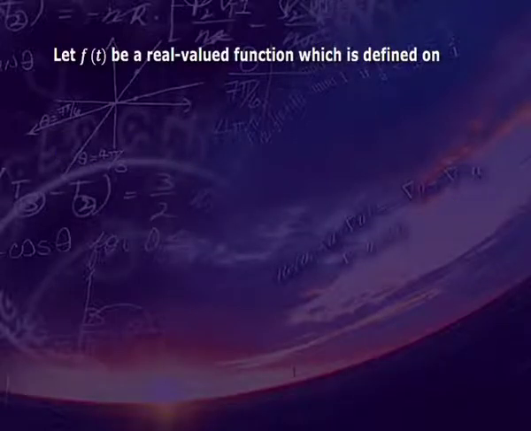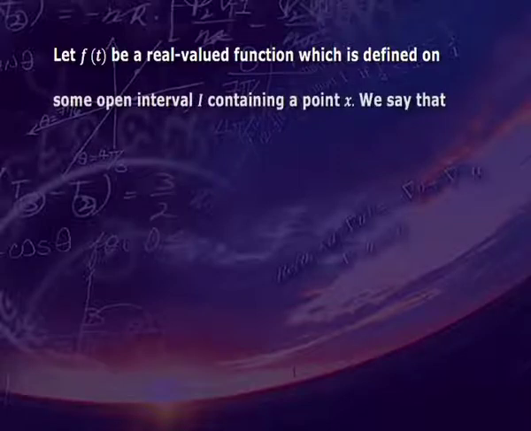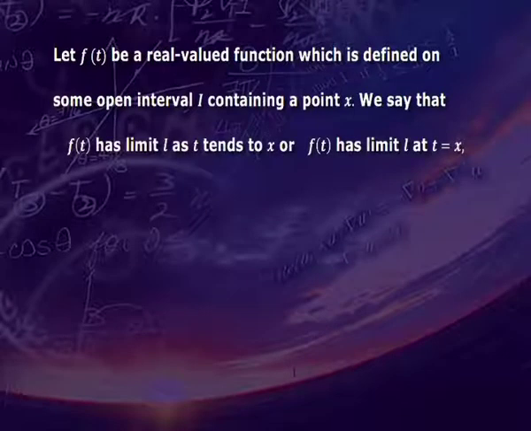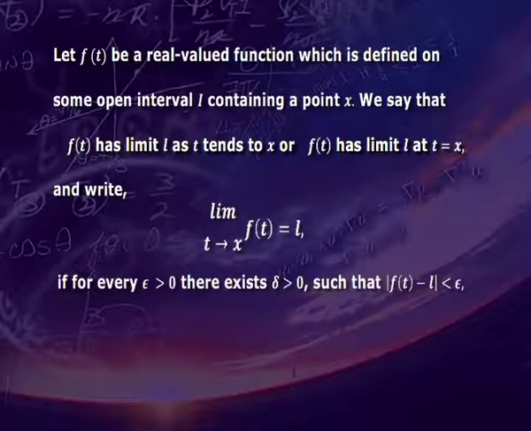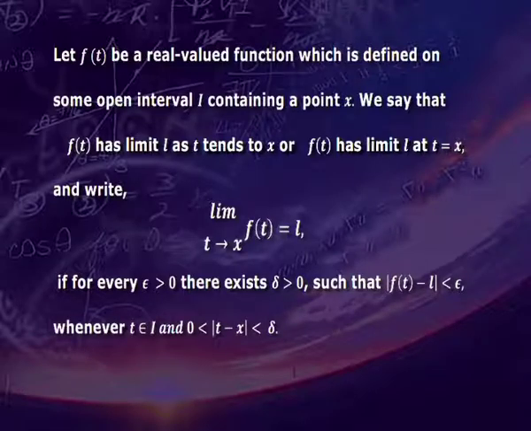Let f of t be a real valued function which is defined on some open interval I containing a point x. We say that f of t has limit L as t tends to x, or f of t has limit L at t equal to x, and write limit of f t equal to L as t goes to x if for every epsilon greater than 0 there exists delta greater than 0 such that mod f t minus L is less than epsilon whenever t belongs to I, and mod t minus x is greater than 0 and less than delta.